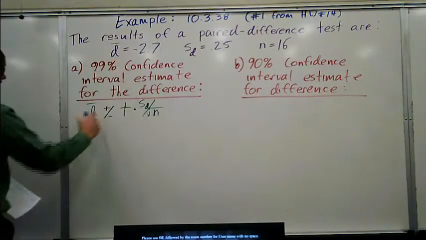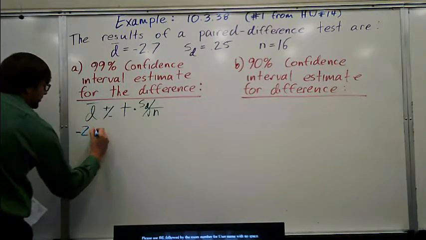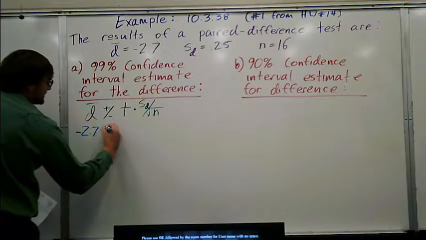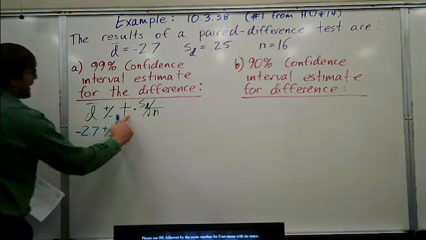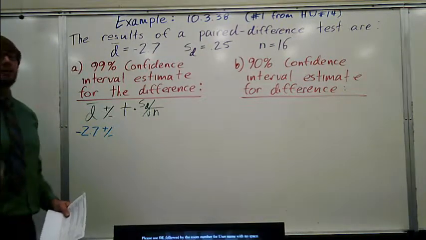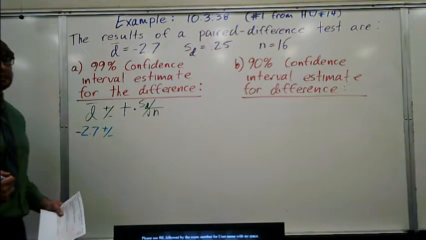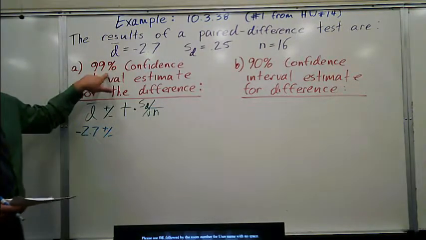All right. So for the 99% confidence interval, of course, we're given the sample difference is going to be negative 2.7. Bring down the plus or minus. Now the t-value. The t-value is, of course, based on our degrees of freedom, and degrees of freedom is based on our sample size and our confidence level.